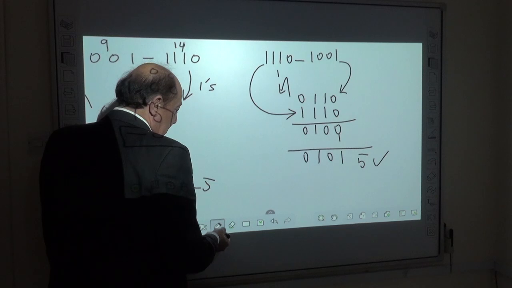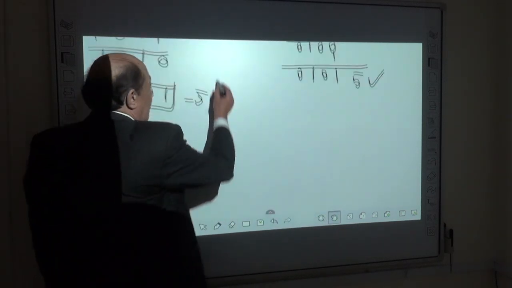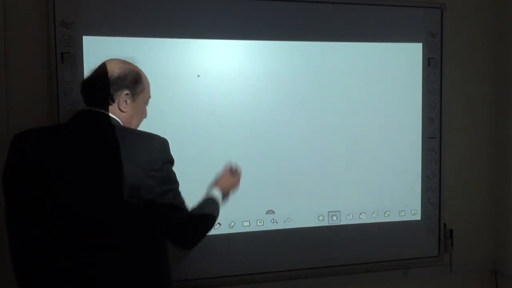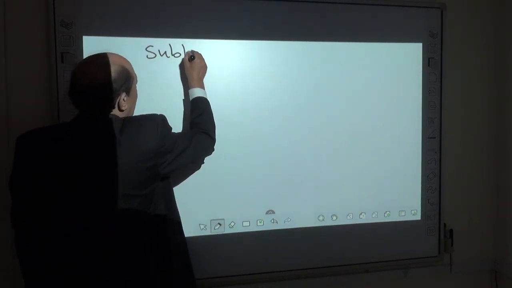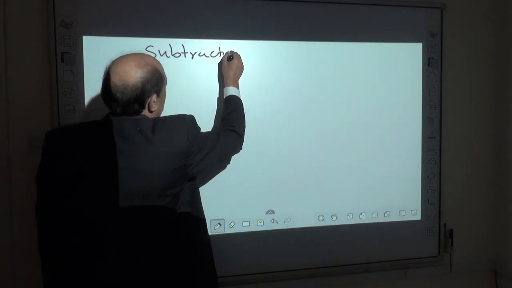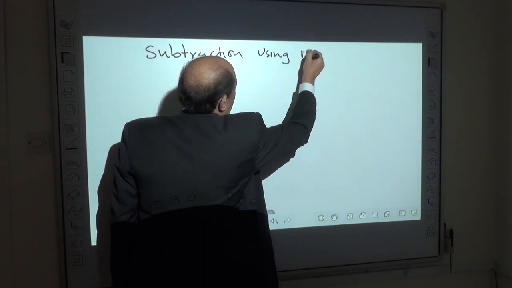Now, the steps for subtraction using r's complement.